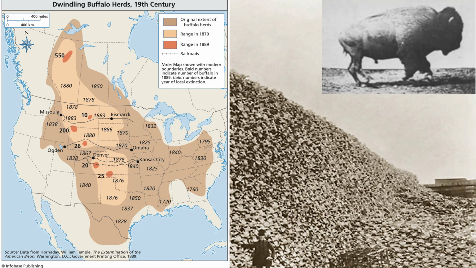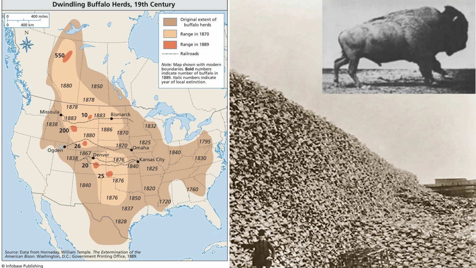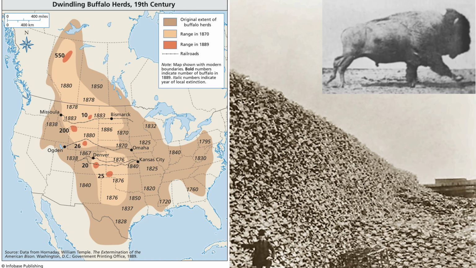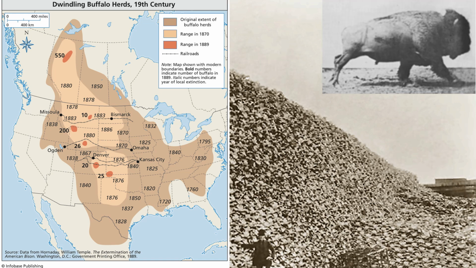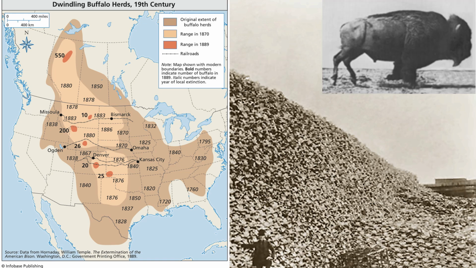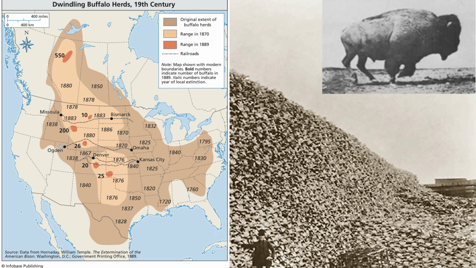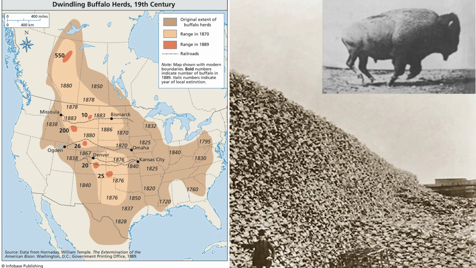The numbers that you see in bold are the number of individuals in those herds. So we had some herds that were 20, 25, 10 individuals. A large herd survived up in northern Alberta in what is now Wood Buffalo National Park.